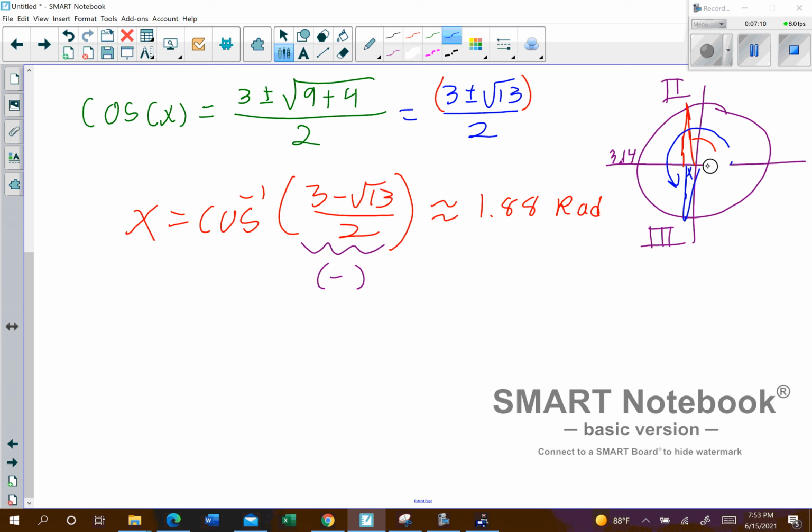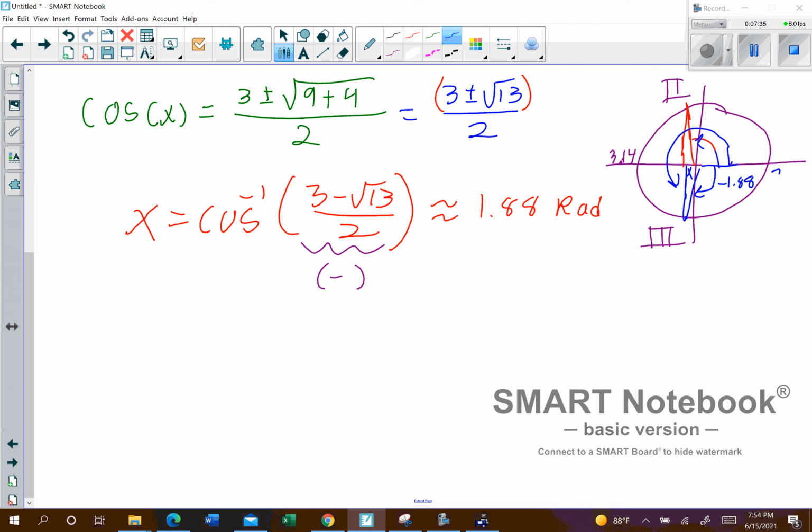I should point that arrow the right way. The first one, there we go. So that first one is 1.88, and I need to keep going around, but that's the same distance as going negative 1.88. A full revolution is 2 pi.